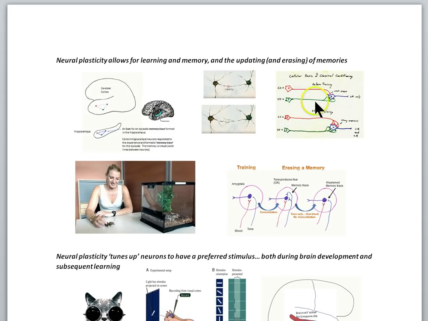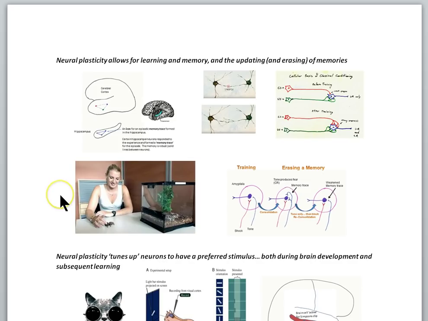So before training, only one of the pathways can activate the target cell and cause salivation, the US pathway. But after training, after bell, food, then what we have is neuroplasticity. We have the growth of new synapses in the bell pathway. As a consequence, both pathways can generate salivation. But when it's happening by the bell alone, we call it the conditioned response.